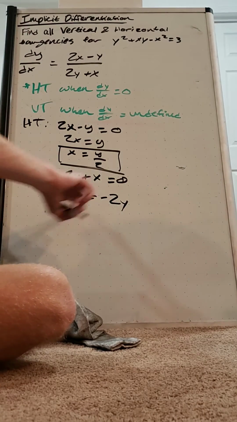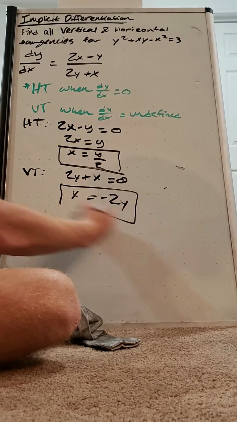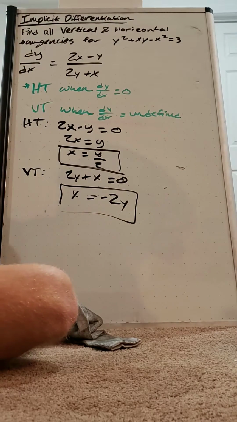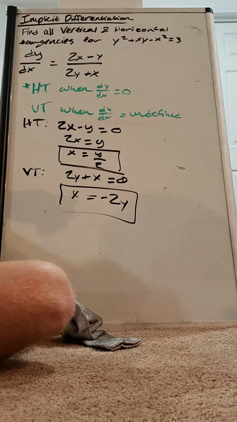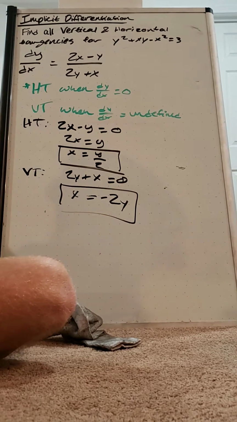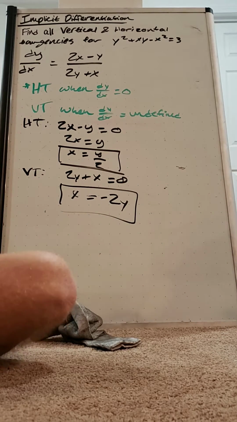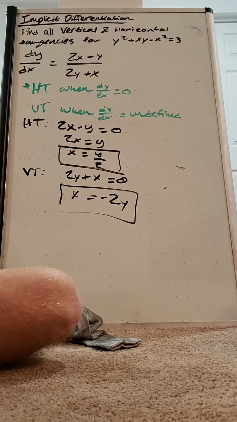So whenever x equals negative 2y, we know this function, I shouldn't call it function, this equation has a vertical tangency.